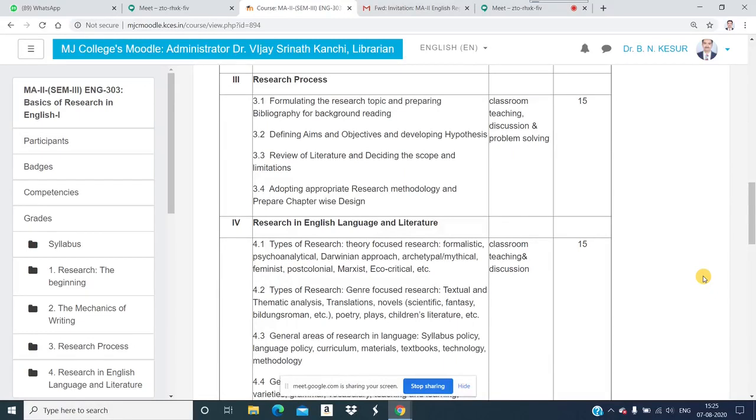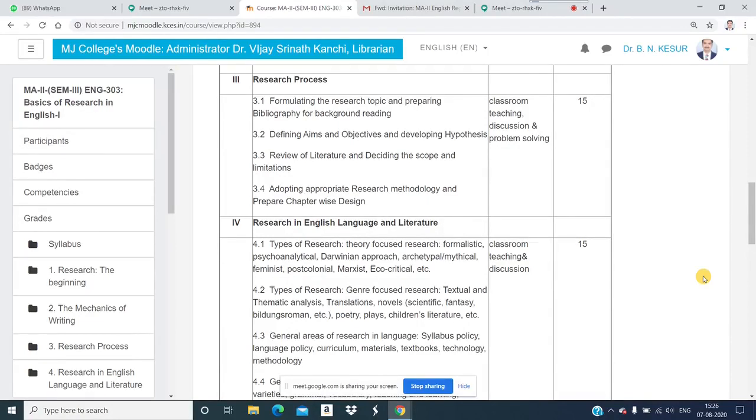Then we'll move to defining aims and objectives and developing hypotheses. The researcher has selected a topic, then prepared the rough bibliography, the working bibliography, and then the researcher has to set the objectives for his study.